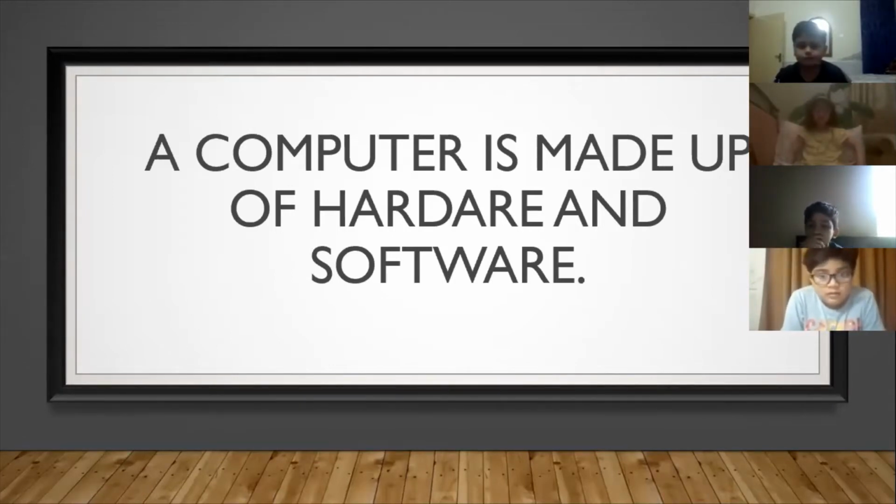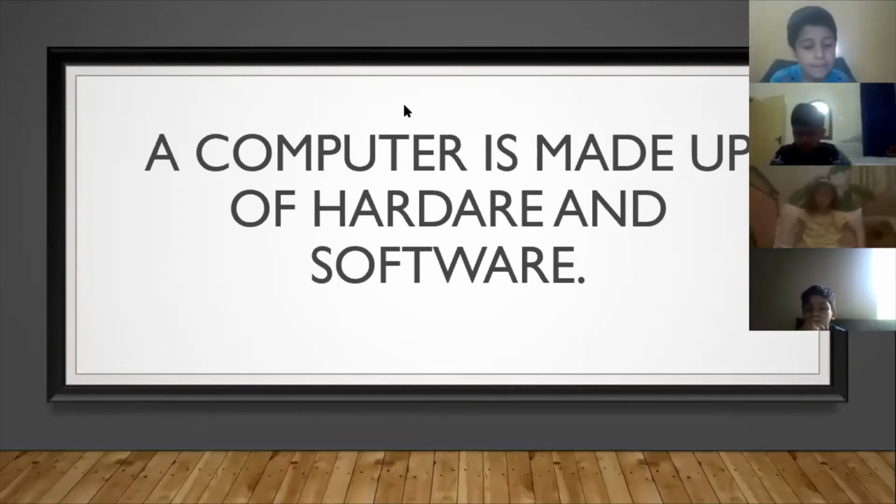With the help of hardware and software, a computer system is formed. We perform many tasks with the help of these hardware and software on computers. Now we learn what is hardware and what is software.